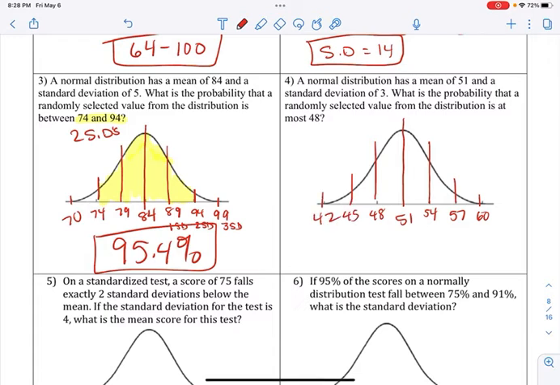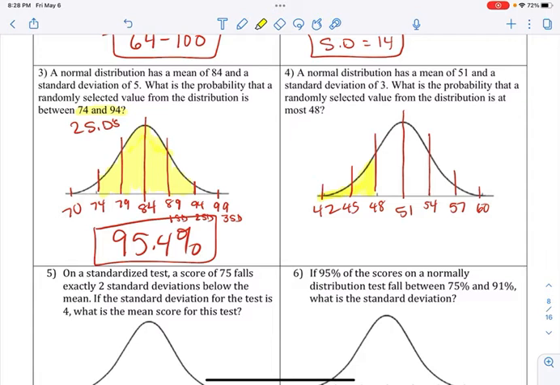All right, what's the probability that a randomly selected value from the distribution is at most 48? So at most 48 means I want everything that is 48 or below. All right, so if you remember, you can add all these that I just highlighted in yellow. The whole normal distribution is 100%.